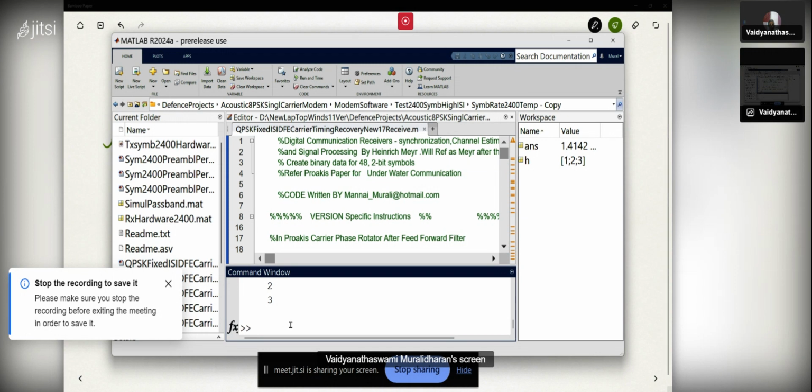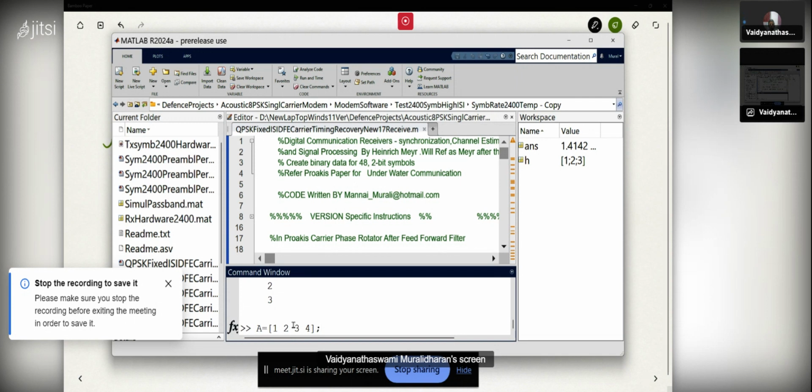Now I'll explain how to enter either a vector or a matrix. MATLAB works better if you can represent all operations in terms of matrices. For example, let A equal to 1, 2, 3, 4.